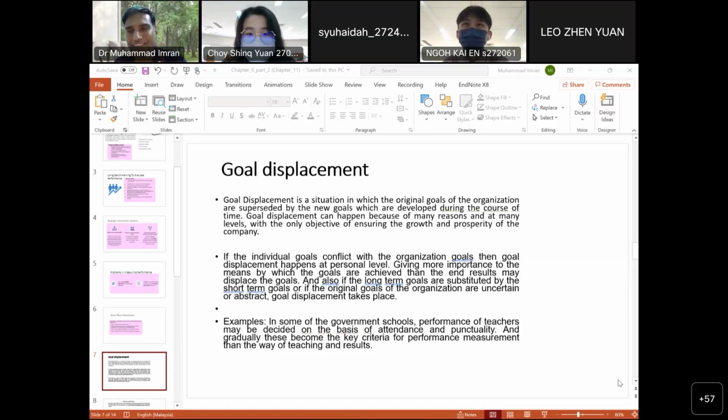Simple. Suppose I have planned to produce 100 pieces of this mouse, but they are not producing 100 pieces. Or maybe they have their own other goals. So this is a diversion of goal. It's called goal displacement. This is divided further into two types.